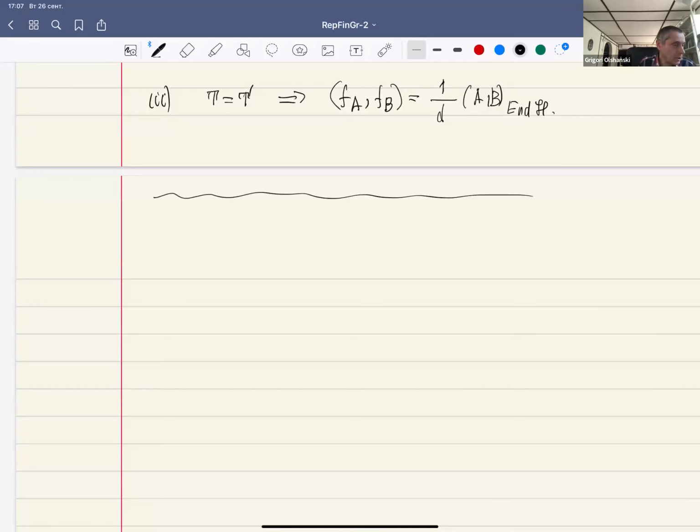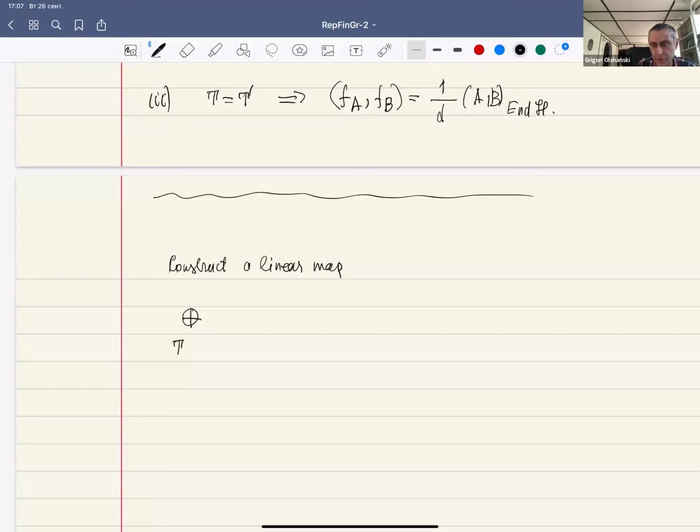Next we can construct a linear map. I don't want to introduce a special notation. So we take a direct sum over all representations.